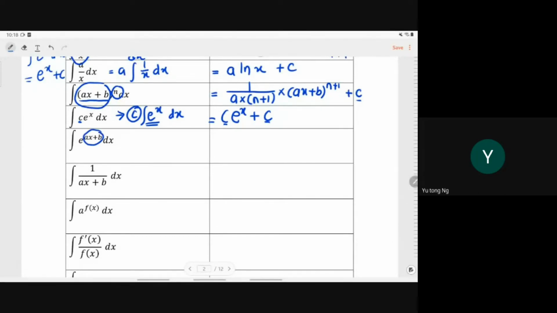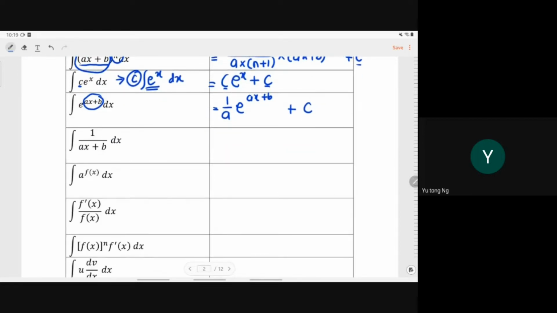When you differentiate ax plus b, you will get a, and since we are integrating, it is 1 over a. Then we multiply, because integrating e gives you the same e as well, plus c.